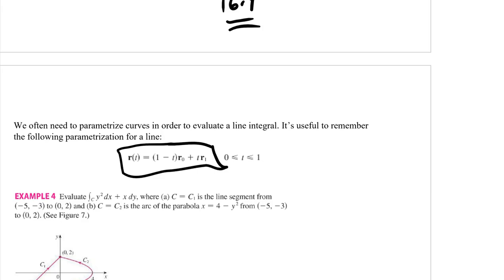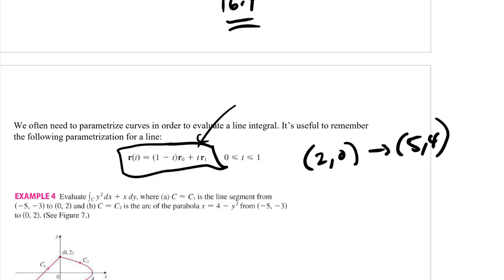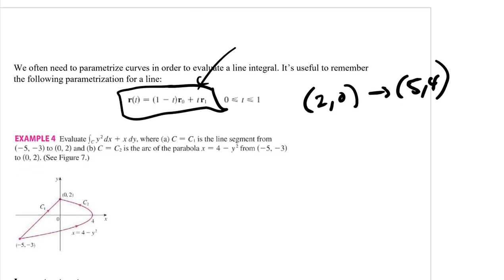So if it starts at, we could have done that 0, 0, comma, pi, pi squared. Well, no, that was a parabola. But that 2, 0 to, I think it was 5, 4. We could have used this here instead. But that's okay.